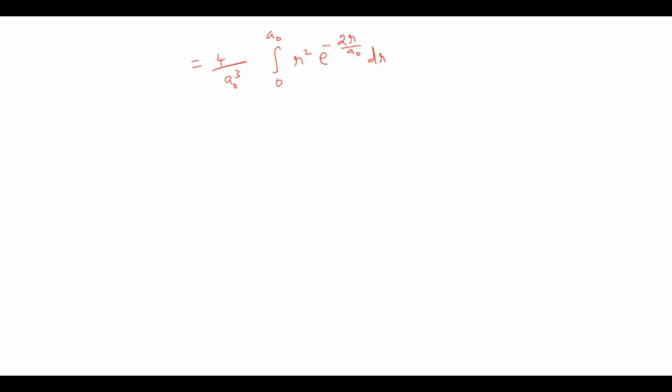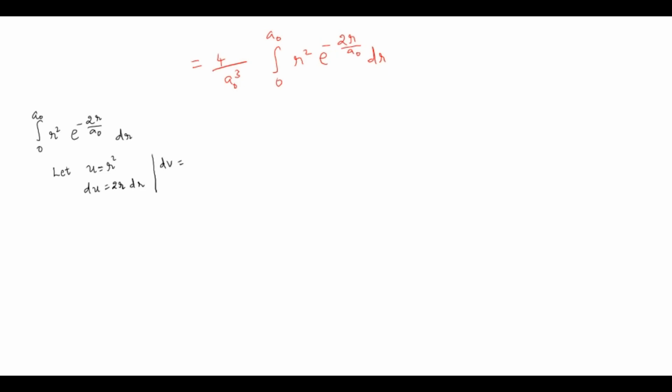So this integral is, let me write down here, 0 to a naught r square e power minus 2r by a naught into dr, and we can use the integration by parts technique to solve it. So let u is equal to r square, so du is equal to 2r into dr. Now what about dv?